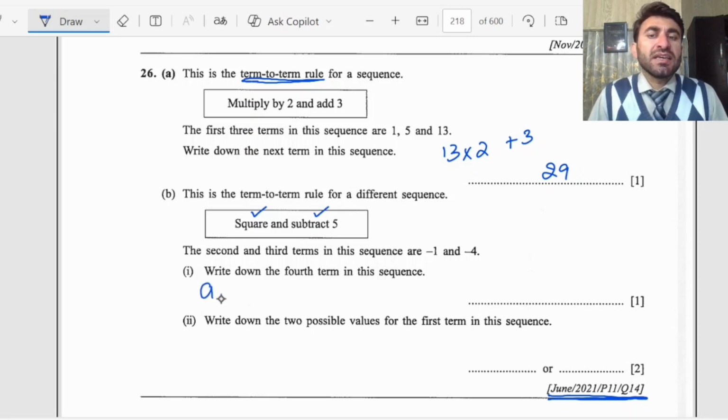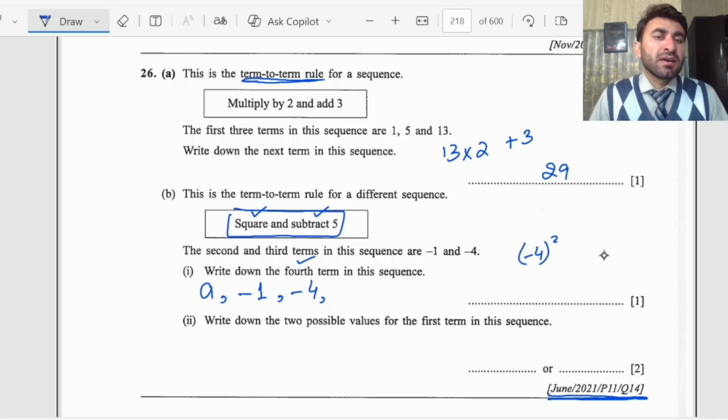Let's say that A is the first term of the sequence, then second term is -1, the third term is -4, and in order to figure out the fourth term, we will follow the term to term rule, which states, square the number, like it will become -4 squared, and subtract 5. So it shall become 16 minus 5, which becomes 11. So 11 should be the fourth term of this sequence.